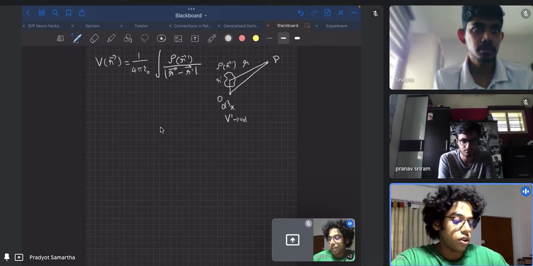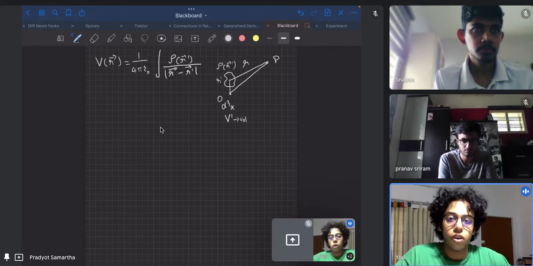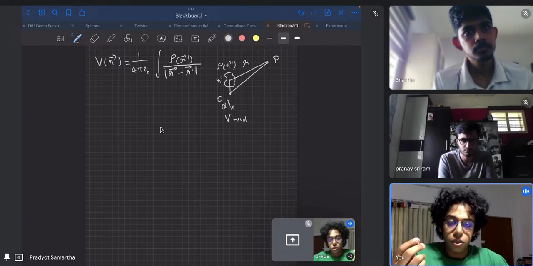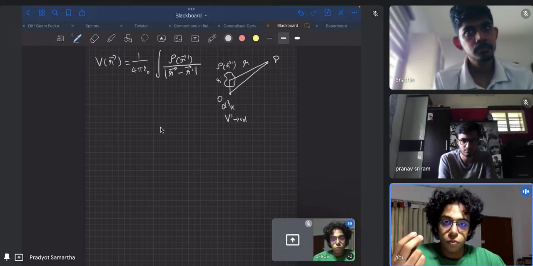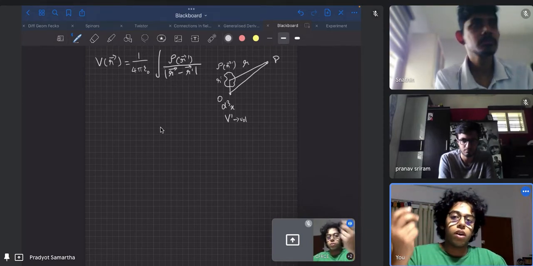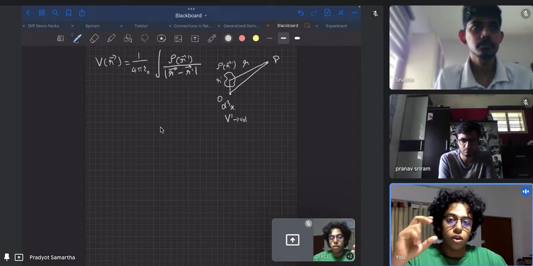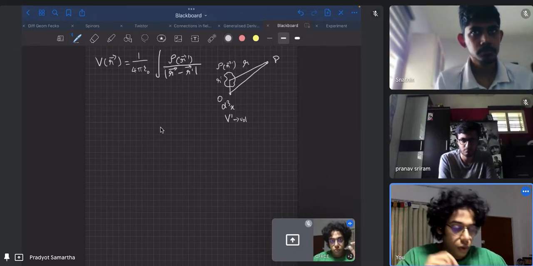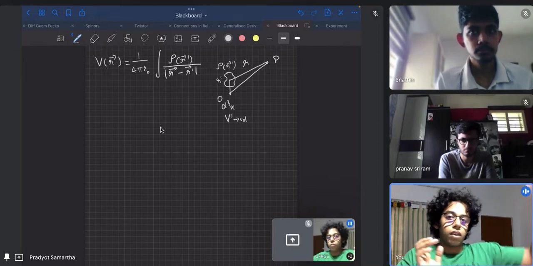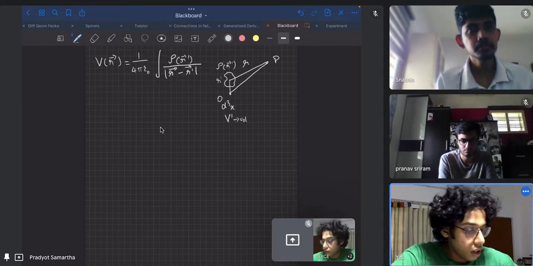So you're measuring the potential, and taking the displacement with respect to the charge density. You're figuring out where the charge is.